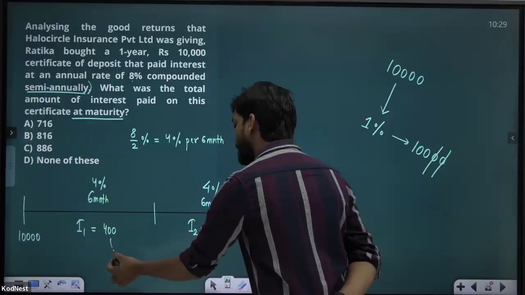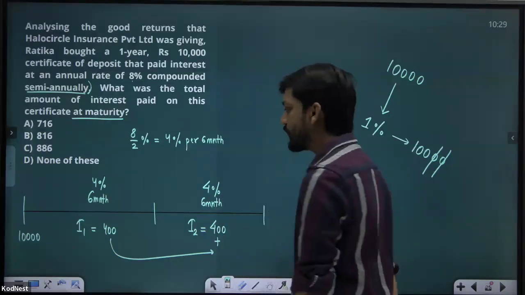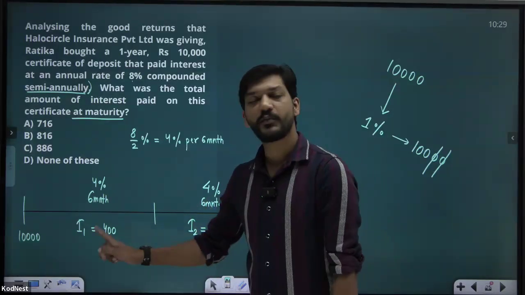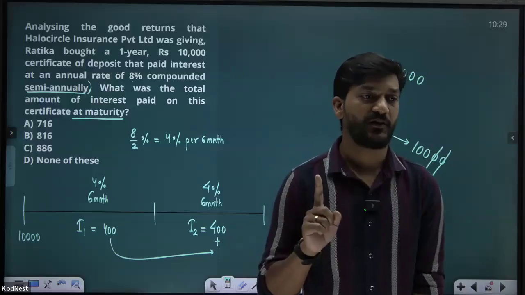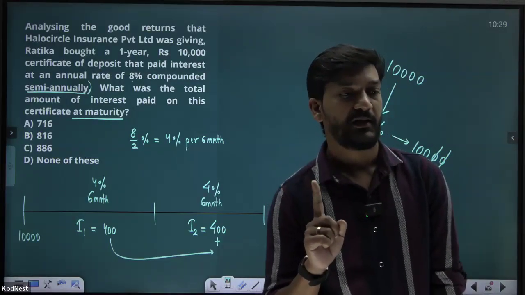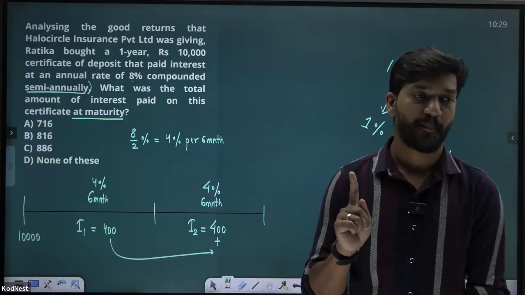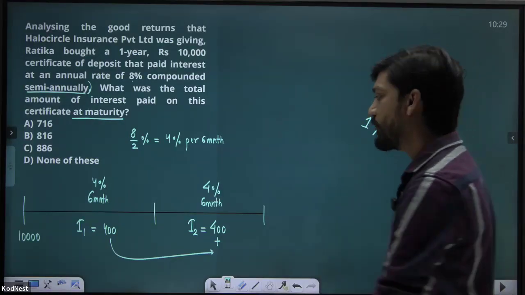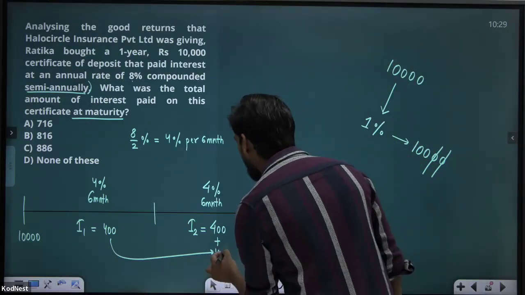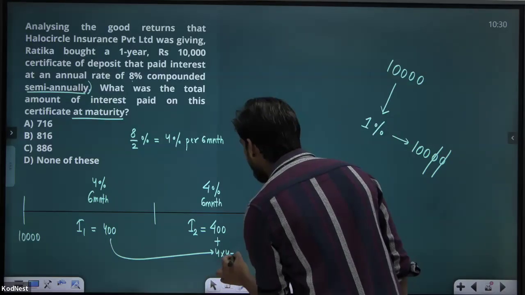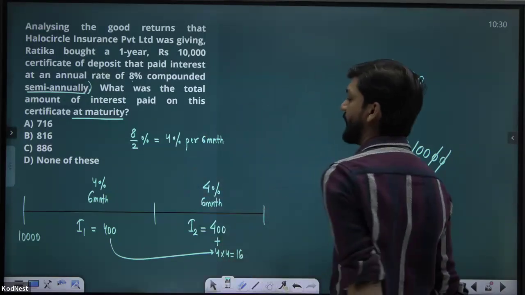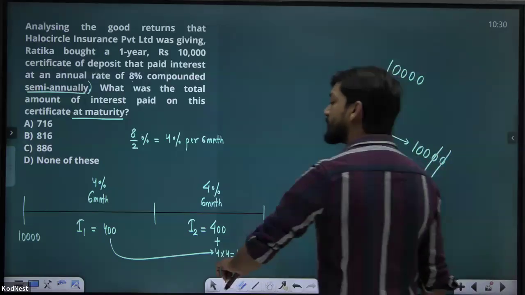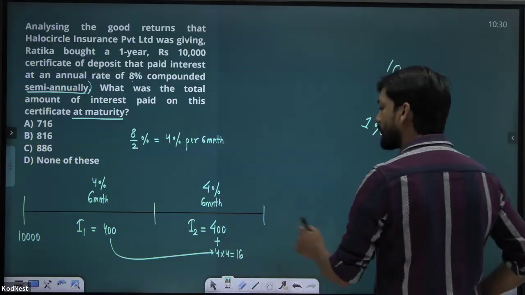Previous interest is 400 rupees. So don't tell me 4%, tell me 1%. 1% of 400 is, remove two zeros, 4 rupees. So 4% will be 4 into 4, that is 16 rupees. So this is your interest on previous interest, 16 rupees.